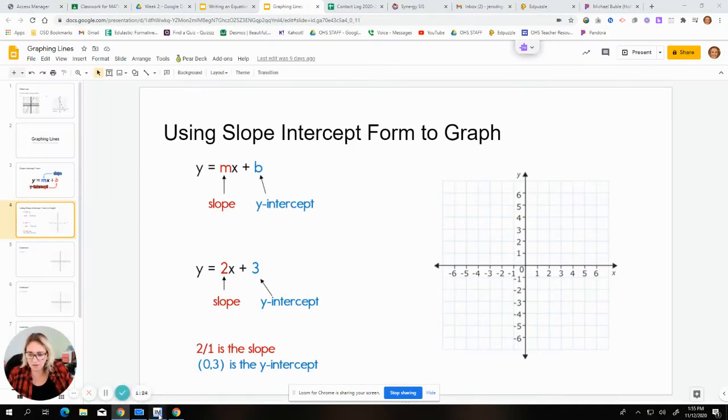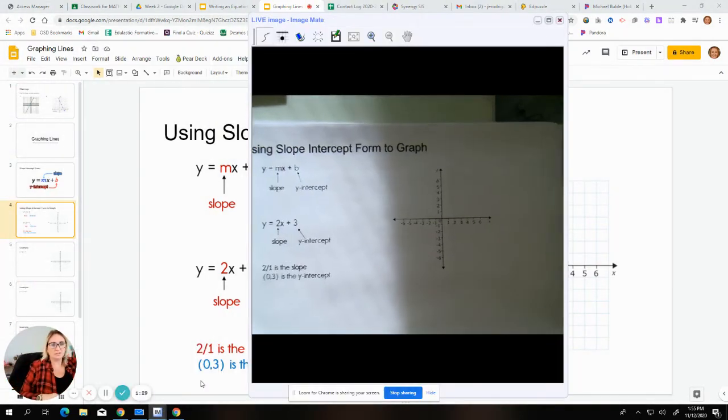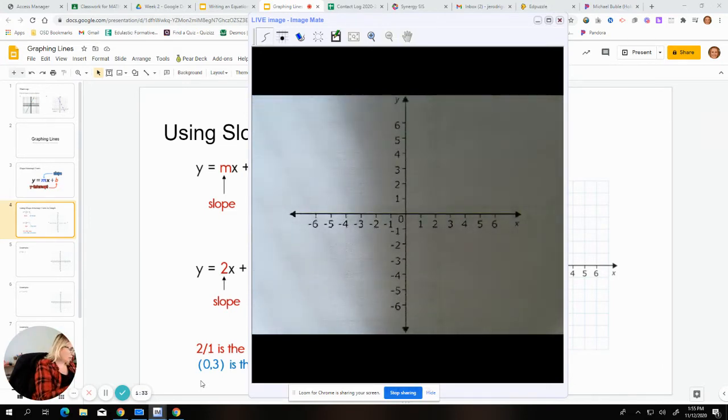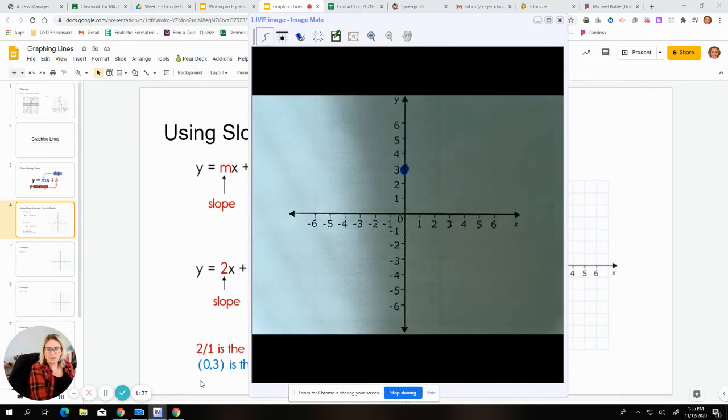So I'm going to pull up my other screen and zoom in just a tad so that we can graph this. We are going to start at the y-intercept, which is 3, and from that, we are going to move our slope.